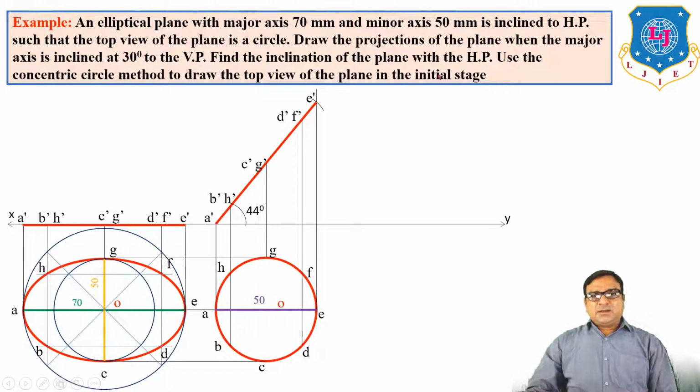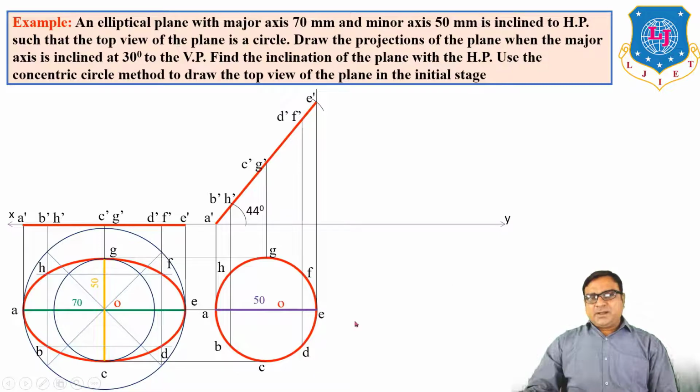Now here in our data, we want the major axis inclined 30 degree with VP. Now this is already inclined, major axis 44 degree with HP, and when we incline the major axis 30 degree with VP, the top view of the major axis will be inclined at greater than 30 degree, which is the beta angle.